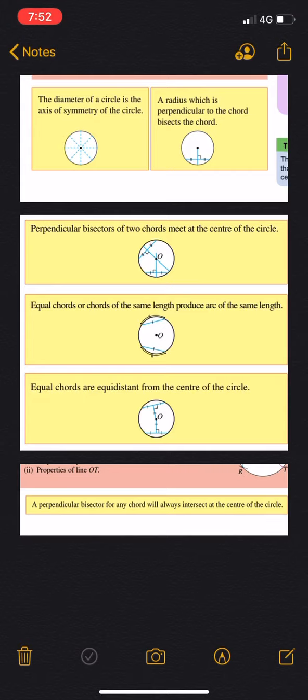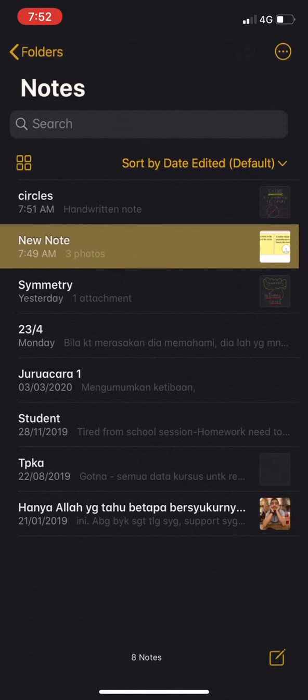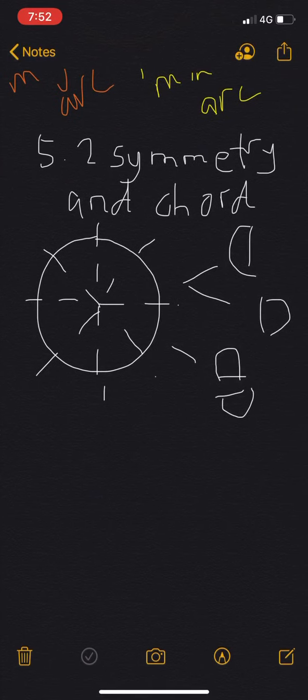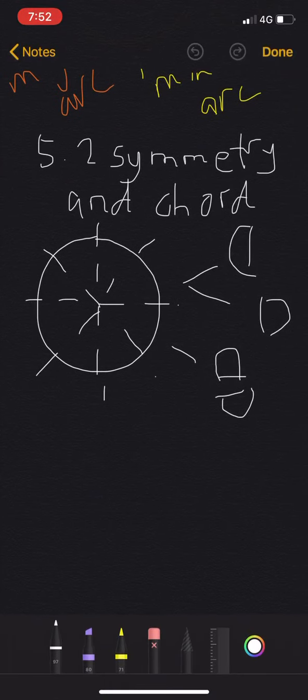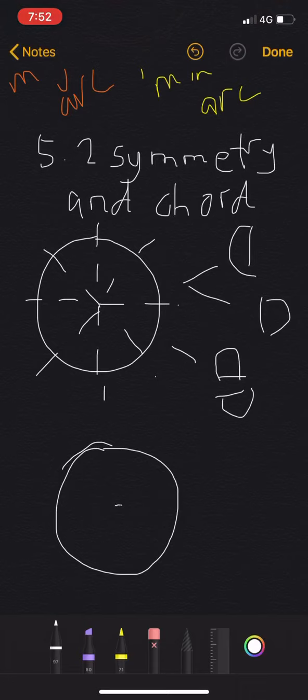The second property is: a radius which is perpendicular to the chord bisects the chord. So if you have a circle, this is the center, and then you have a chord. Let's say like this is your chord.